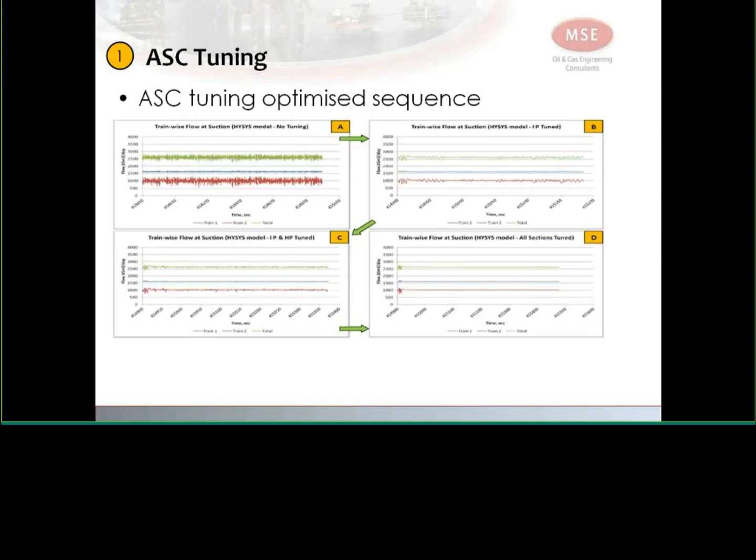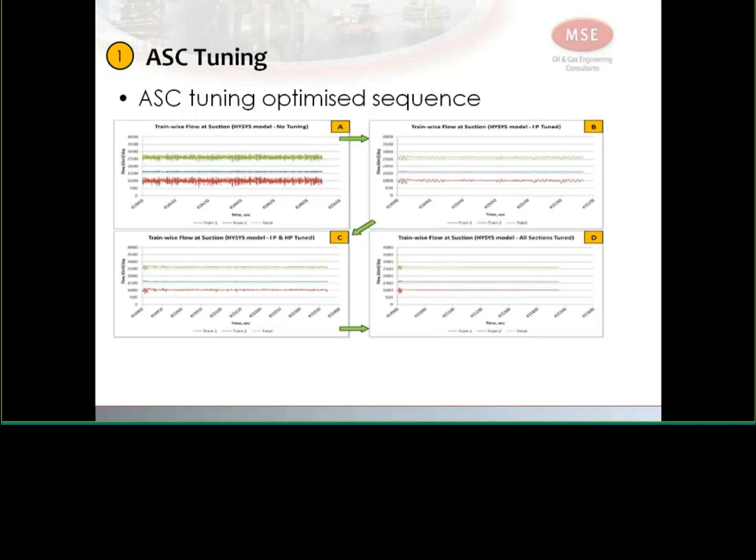Then, after we did this, there are two other things that we did. We proposed a modified load sharing control logic, but before we did that, our whole effort was to make sure that we could unlock the production capacity of the compressors and increase the reliability.